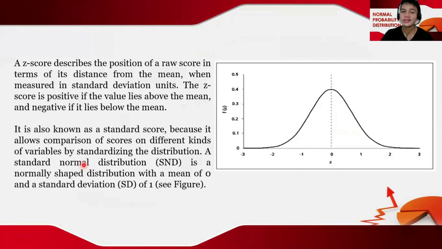It is also known as the standard score because it allows comparison of scores in different kinds of variables by standardizing the distribution. A normally shaped distributed area with a mean of 0 and a standard deviation of 1 will give us this figure. This figure represents that we have a mean of 0 and a standard deviation of 1 or a distance of 1.